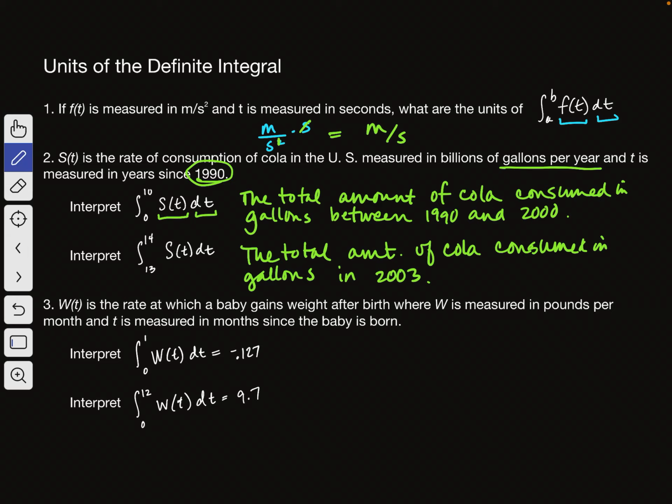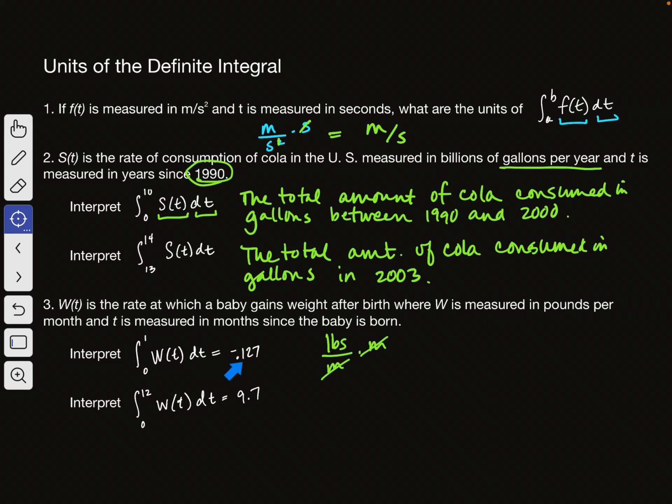All right, number 3, it says W of t is the rate at which a baby gains weight after birth, where W is measured in pounds per month and t is measured in months. So we have pounds per month times months. So we're looking at total pounds, and the time is measured in months. So we're only looking at the first month the baby is born, and it is normal to actually lose weight during that first month.